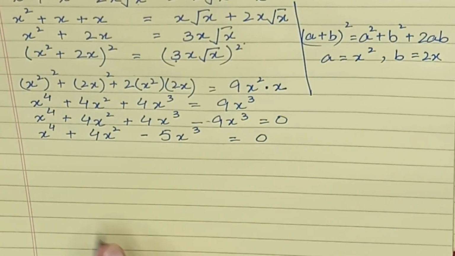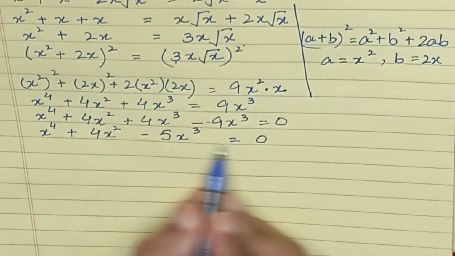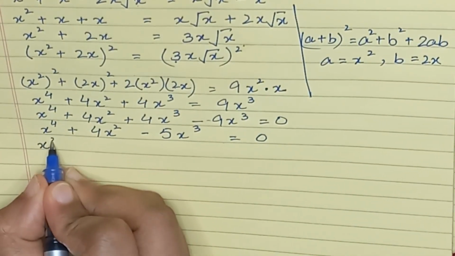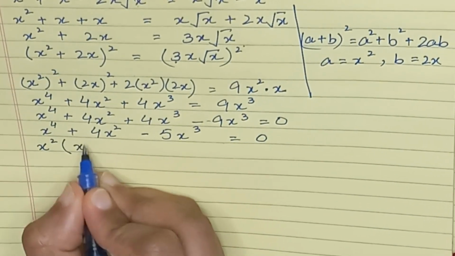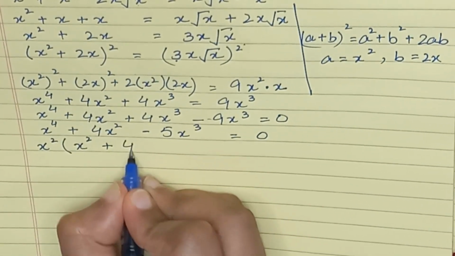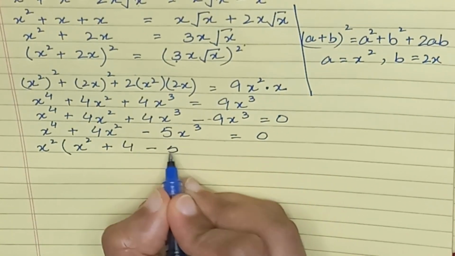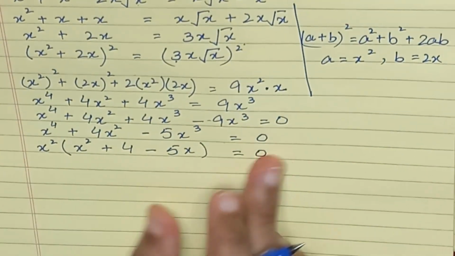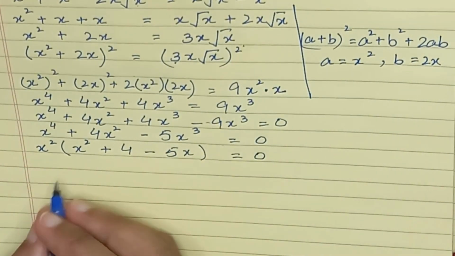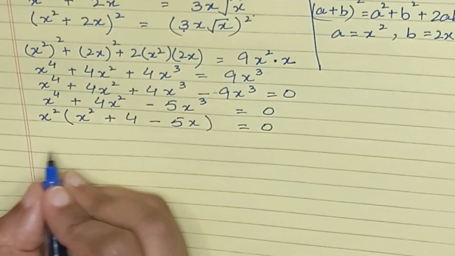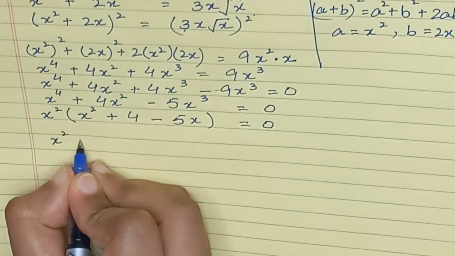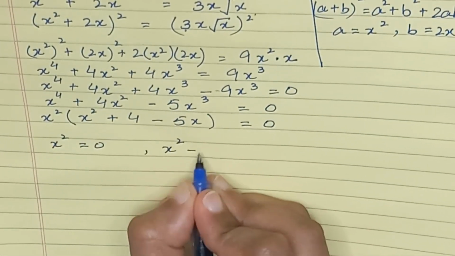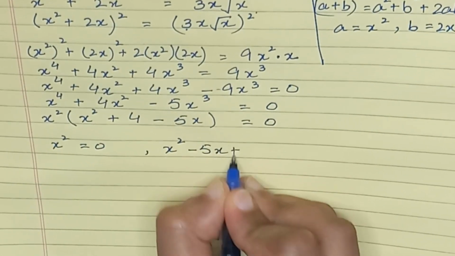Now we can see that x raised to the power 2 is common, so it will become x square times (x square minus 5x plus 4), which is equal to 0. So here we have two cases: x square is equal to 0, and x square minus 5x plus 4 is equal to 0.